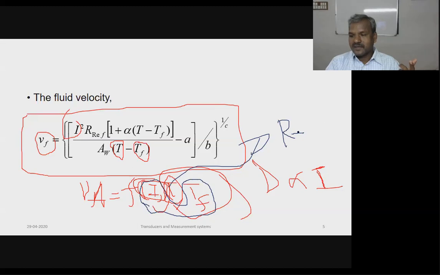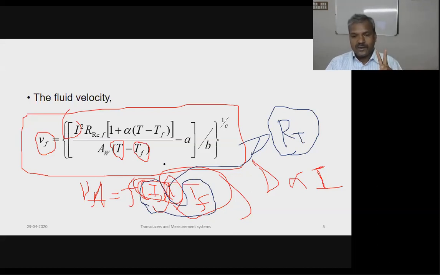So the temperature variation of the wire is a measure of RT. So if we maintain current and fluid temperature constant, the temperature, that is resistance variation, is the measure of fluid velocity. That type of anemometer is called constant current type of anemometer.